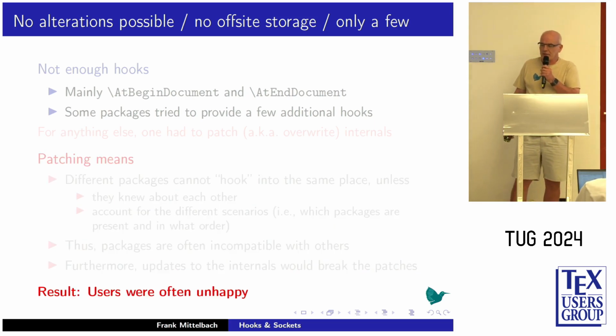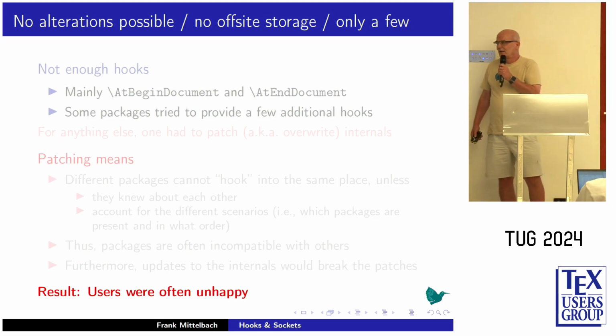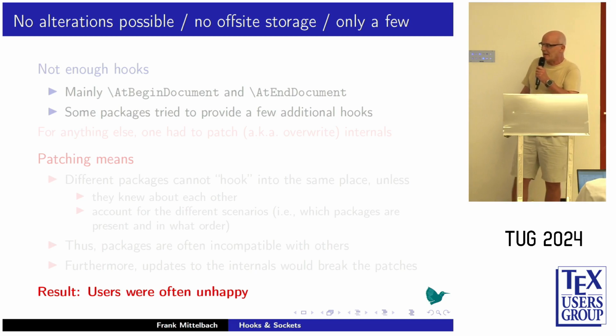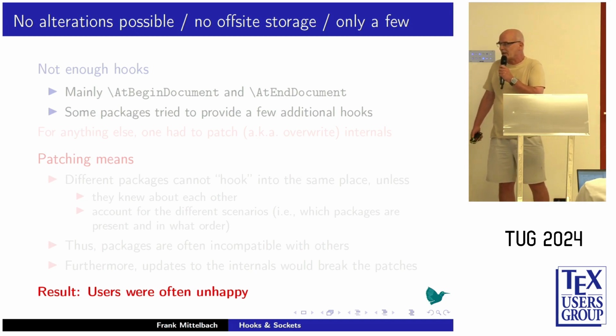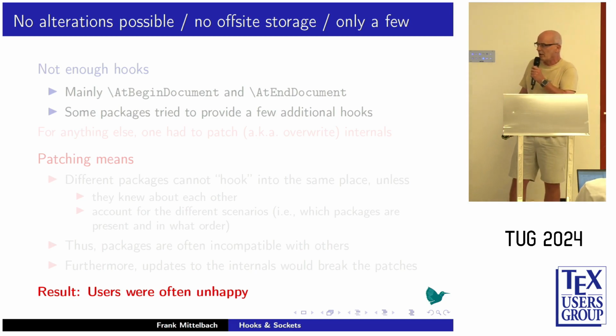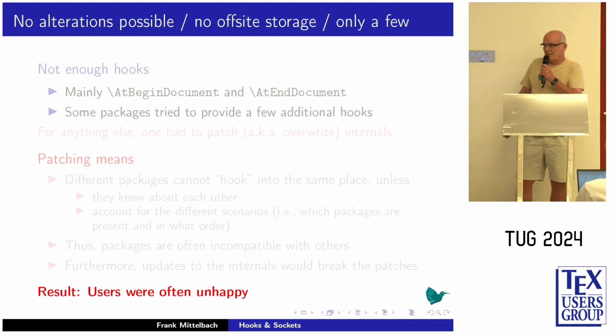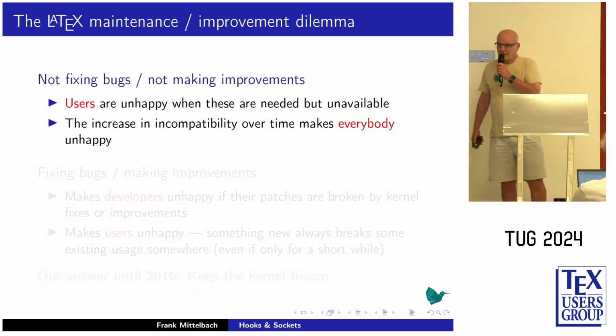And so, as a result, it was always the case of users not being happy because they wanted to use certain packages together and suddenly it didn't work, or a package starts breaking because we have done a fix in the LaTeX kernel, and so on and so forth.